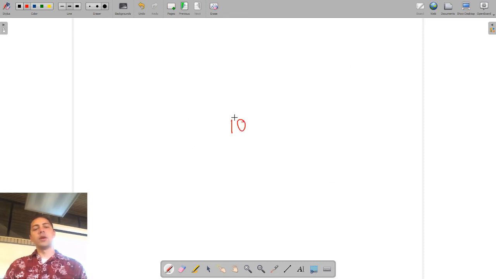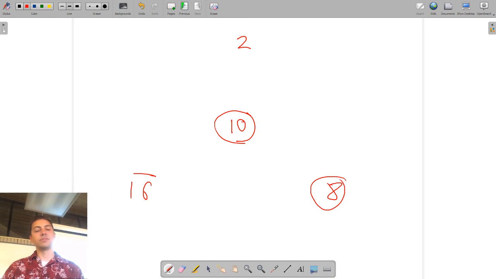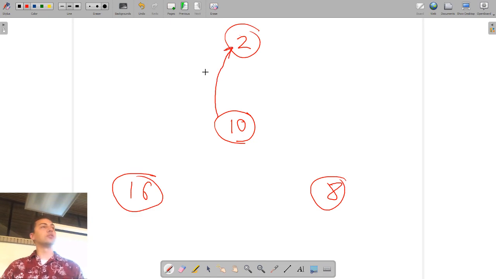base 10 is kind of where we sit in our heads. But there are other number systems like base 2, base 16, base 8. And we can go from base 10 to base 2 by repeated division. We can go from base 2 to base 10 by multiplication, by powers of 2, 2 to the n.